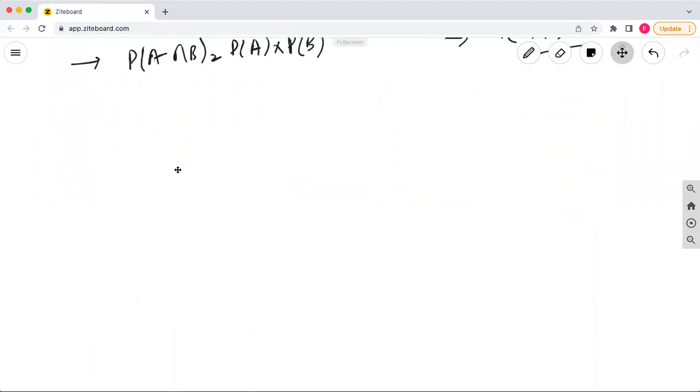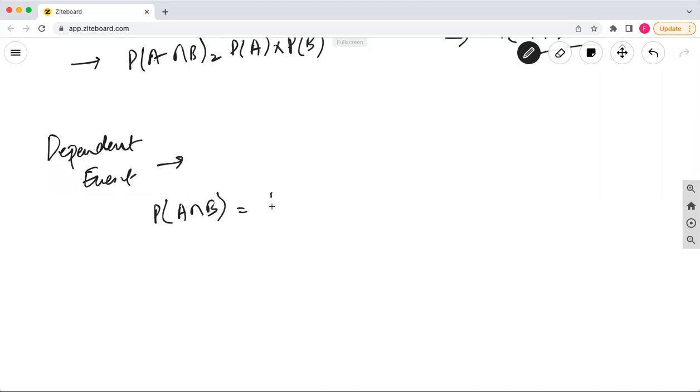And one last thing, in the dependent event, if I want to calculate the probability of A and B, that will be probability of A into probability of B after A. What does that mean? That means event A has occurred first.